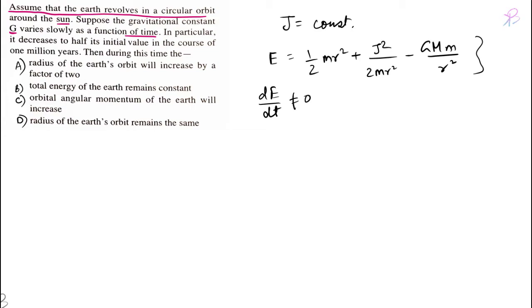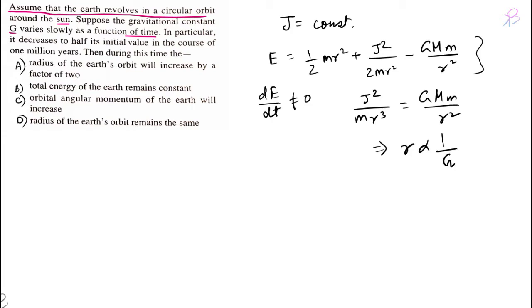Okay. Now for circular motion, if we do the derivative with respect to r, then it will be J square by m r cube is equal to G M m by r square, or basically we can write that r is proportional to 1 by G, right?